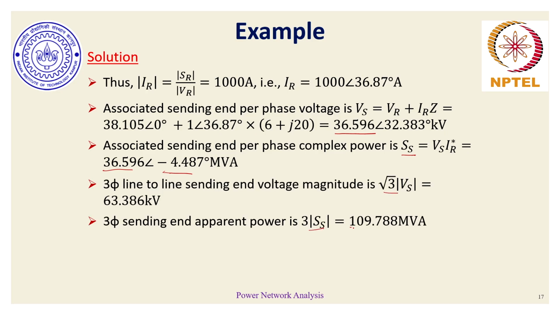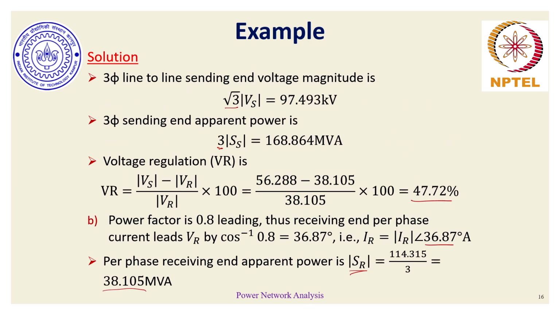Here we have 109.788 MVA as the sending end power, whereas in the other case we had 168.864 MVA. The reason why this total apparent power has been reduced from lagging load to leading load is probably because with a leading load, reactive power can still be generated and the line need not consume that power from the sending end.